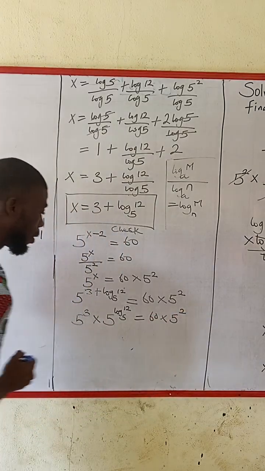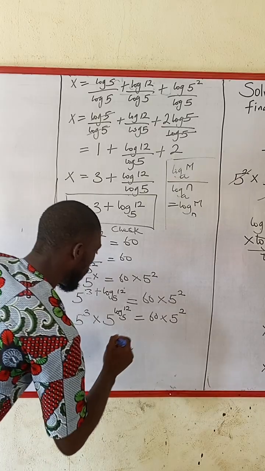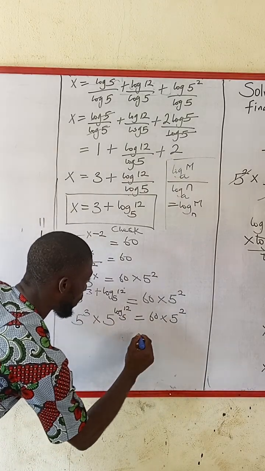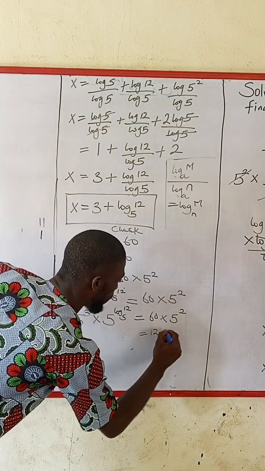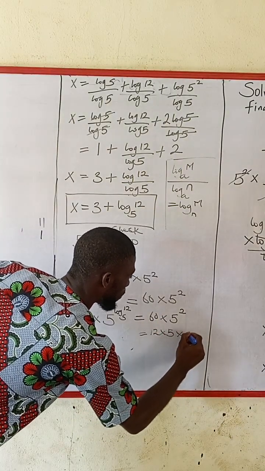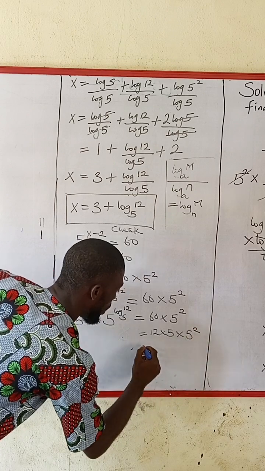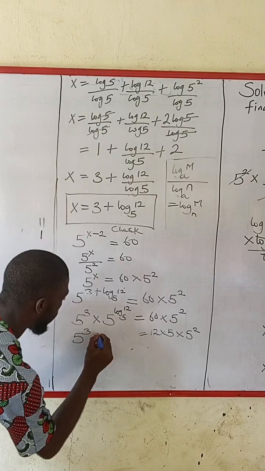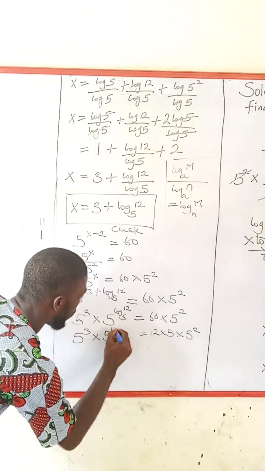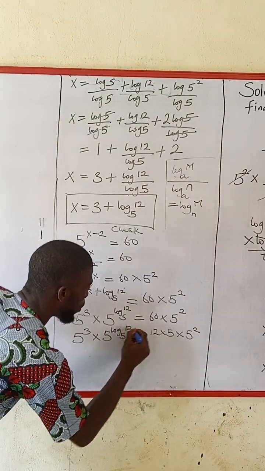Okay, so now this part, I can also break this down here. What is 60? 60 is 12 times 5 times 5 raised to the power of 2. From here we now have 5 raised to the power of 3 times 5 raised to the power of log base 5 of 12.